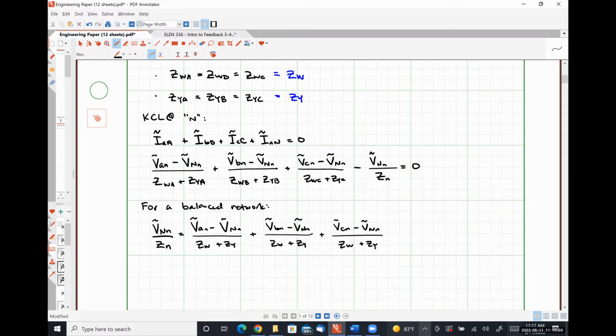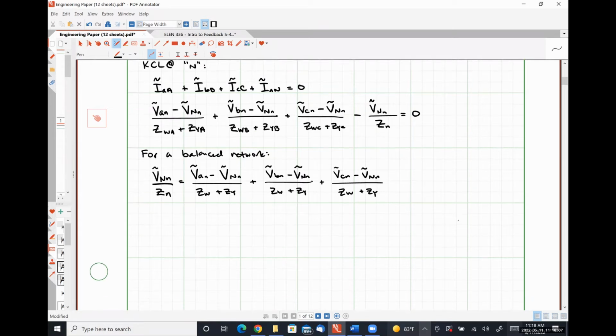And so what I'm going to do now is simply move all of these VNN terms on the right-hand side of the equal sign to the left-hand side of the equal sign. And so what that's going to do is give me the following relationship.